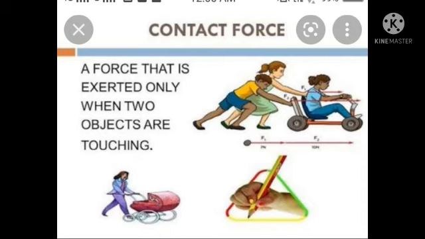In the second figure we can see that the woman is pushing the car, so she is applying force to the other object by pushing, meaning two objects are coming in contact to apply the force. In the third figure, someone is writing something.